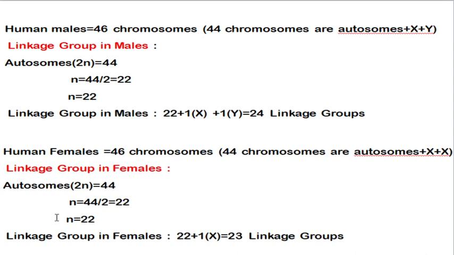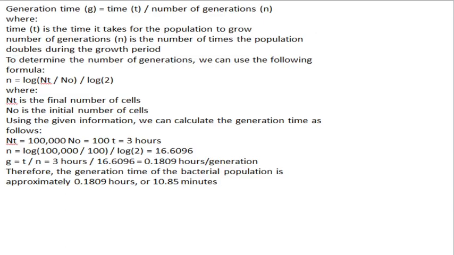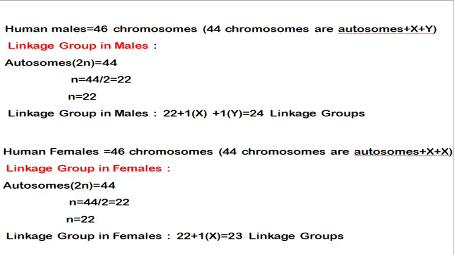First, find the linkage groups in autosomes, where 2n is equal to 44, so n is equal to 22. At last, the linkage groups in female are 22 plus 1 X. We have only one different sex chromosome, that's why I am adding 1. So the total number of linkage groups present in female is 23, whereas in male it is 24. We'll be revising a few other problems regarding the BARC OCES examination.